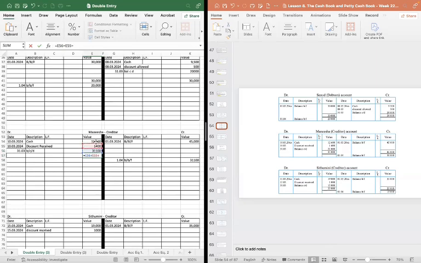Now, when you're balancing your accounts, you have to draw it like this, okay? This particular one, you have to draw it.